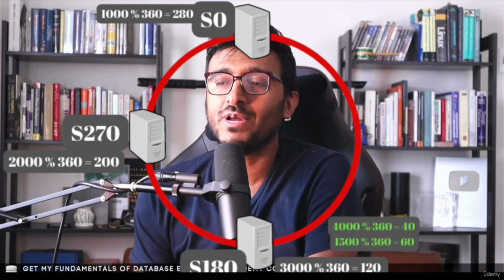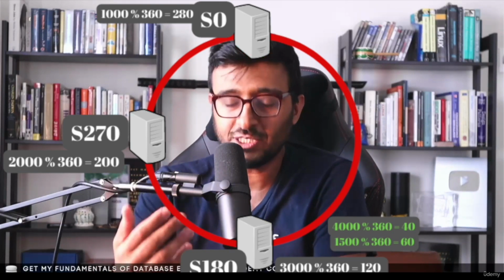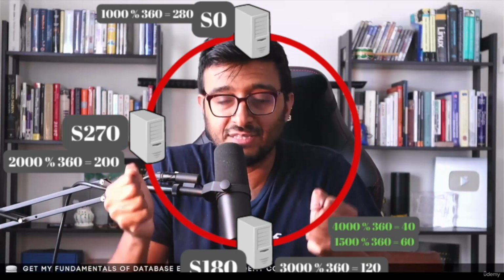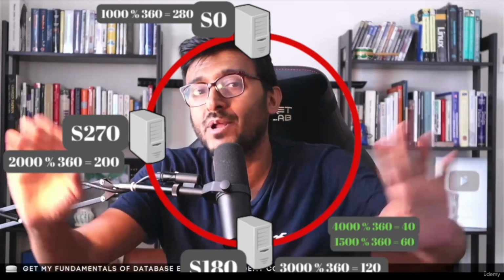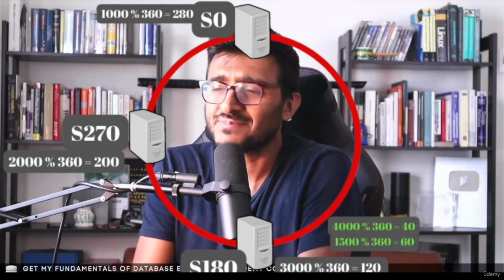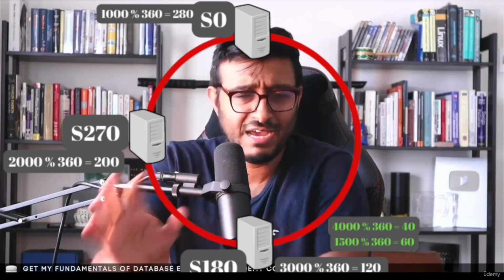So the operation is: remove server S90. I'm going to physically remove it. I'm not talking about a crash. That's a completely different story. With a crash, you don't even have time to move anything. That's why you have to have redundancy. That's another complication right there.